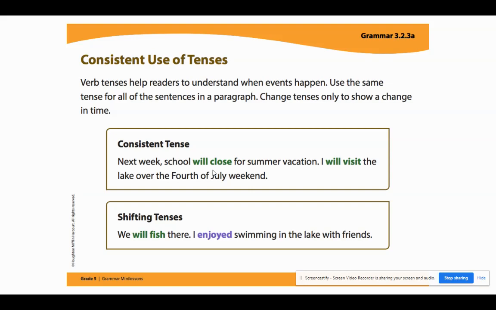It hasn't happened yet, but it will happen in the future. The second sentence is also talking about the future because it's talking about 4th of July weekend, which hasn't happened yet. So they said, I will visit the lake over the 4th of July weekend. So they kept that in the future tense because both of those events did not happen yet, but they would be happening in the future.